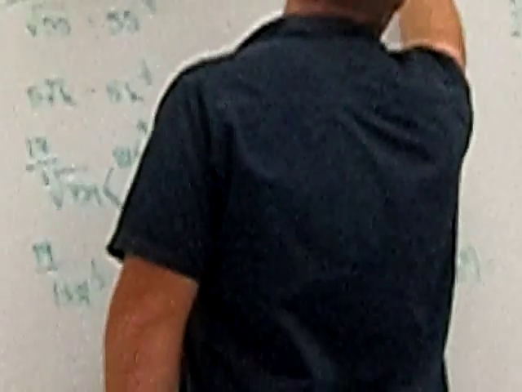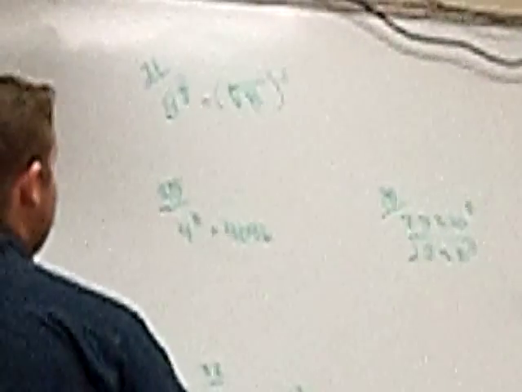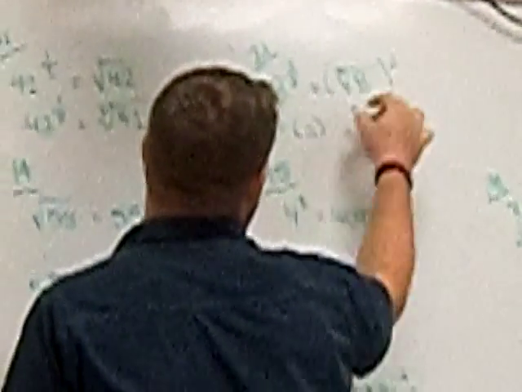We've got the cube root of 8. What does this change? That becomes what we take the answer to. That becomes the exponent for the answer. Alright? What's the cube root of 8? 2. What do we do to it? Square it. What's 2 squared? 4.